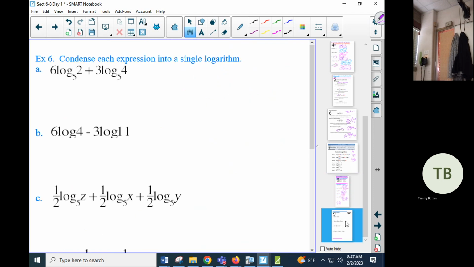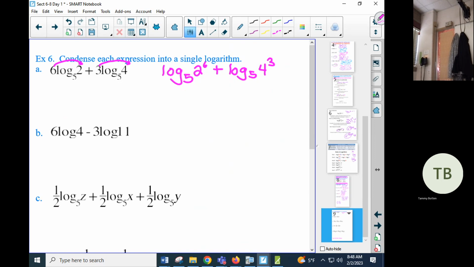We have one more page and then we'll be done. So this one again, I'm going to bring these powers up. That first one I'm going to write as log base 5 of 2 to the 6th plus log base 5 of 4 to the 3rd.